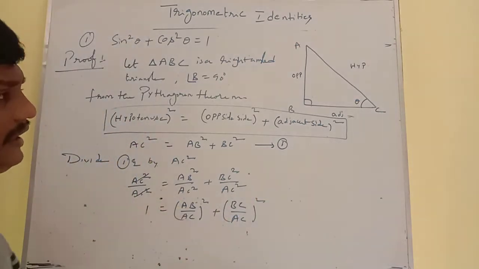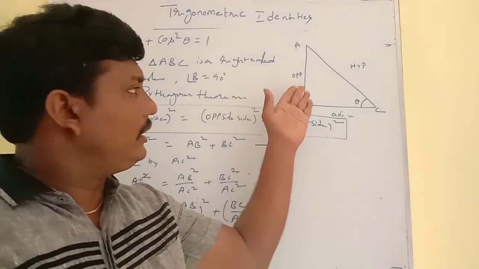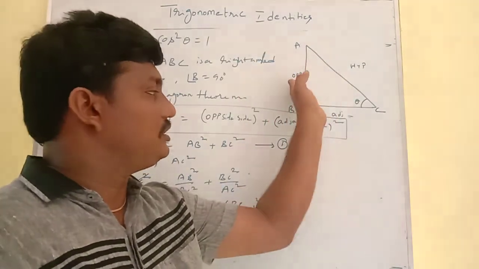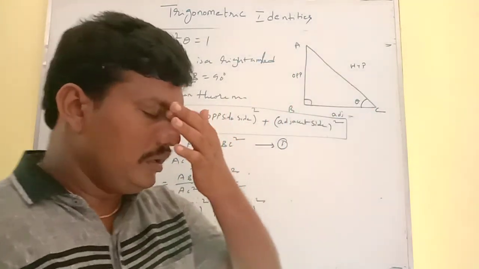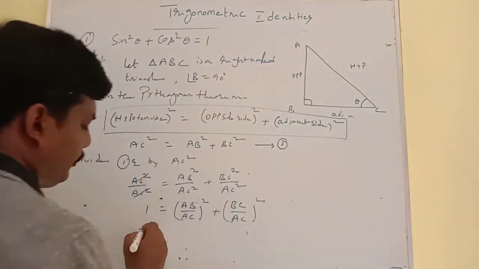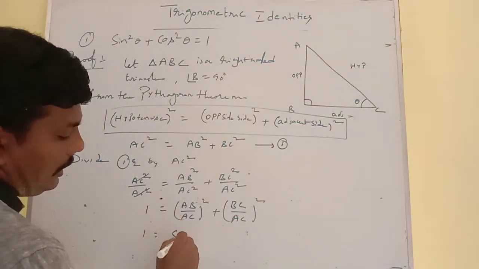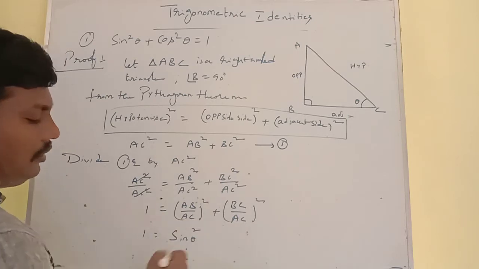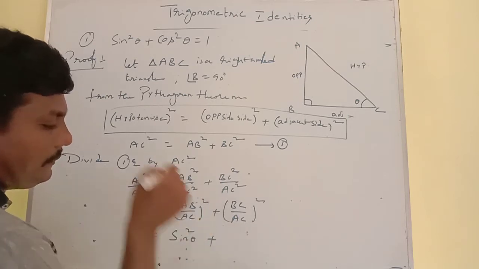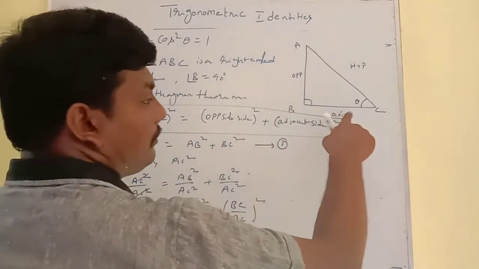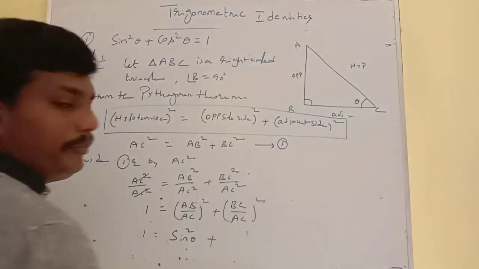Then coming to AB by AC, what is AB by AC from this triangle? Opposite side to theta by hypotenuse is nothing but sine theta, so sine square theta, plus BC by AC. BC is the adjacent side and AC is the hypotenuse.